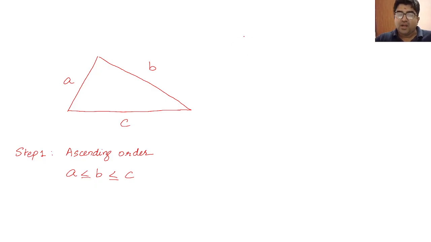Now, after presenting the sides in this manner, if A square plus B square is equal to C square, understand that the given triangle is a right triangle.